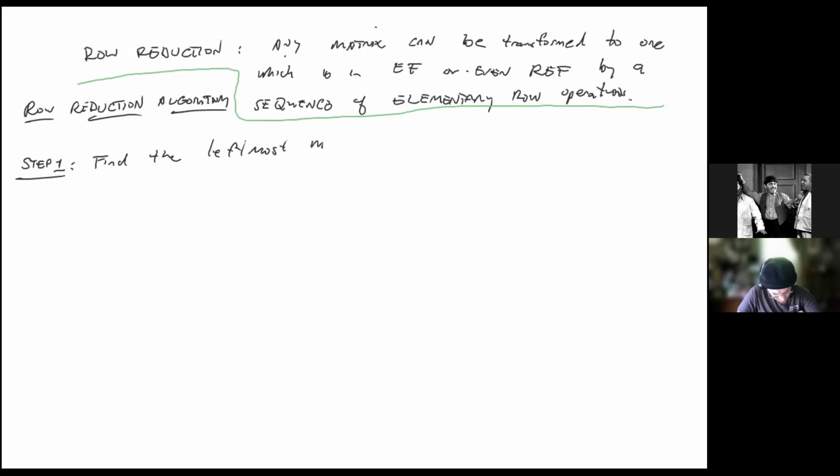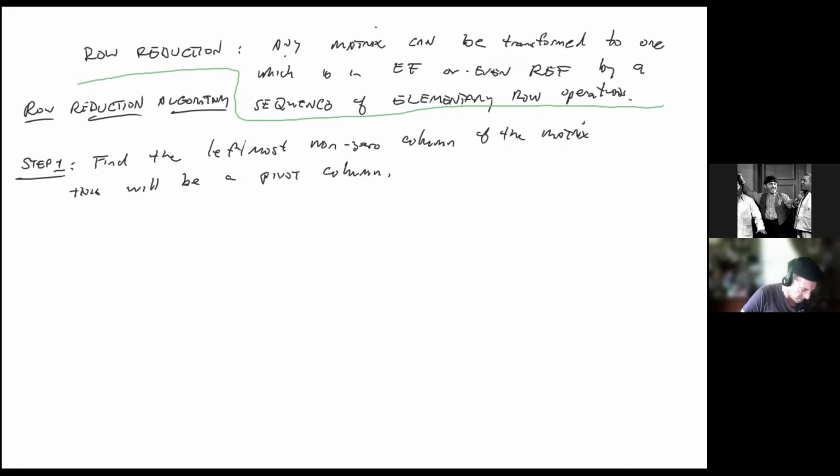It's often the first column, but it might not be. If the first column consists entirely of zeros, you move on to the second column until you get to a column which has a non-zero entry. The leftmost non-zero column will be a pivot column. Okay, so that's step one. You've identified the leftmost non-zero column.